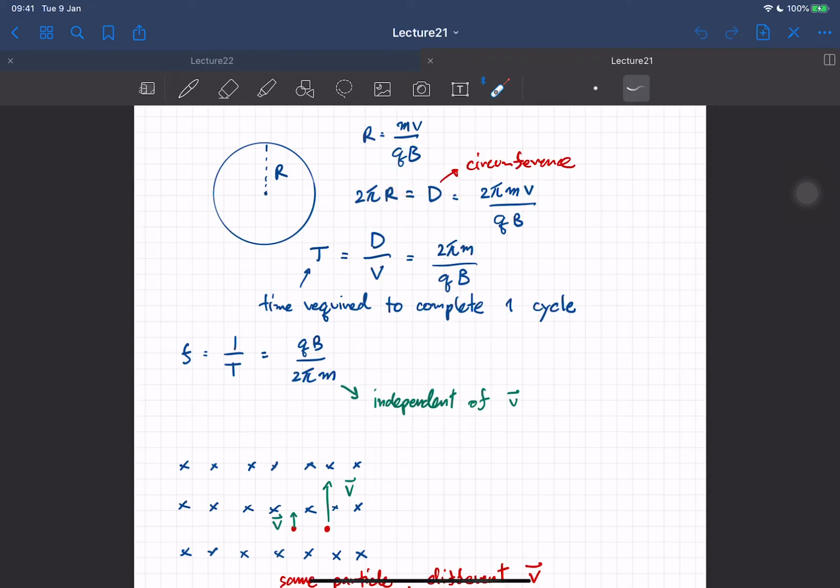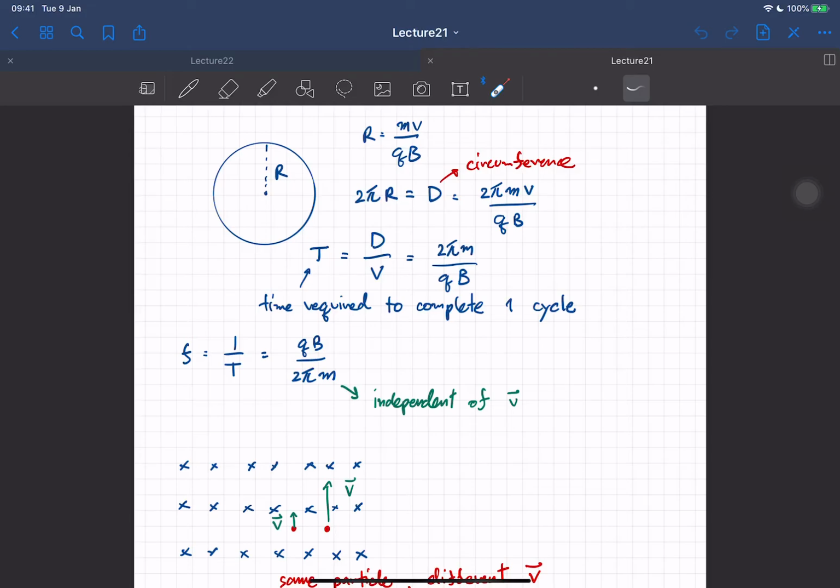We already got r from the previous page, so it's 2 pi mv divided by qB. The time is just distance divided by how fast it's moving, which is v. You're going to see that v cancels out, so the period is 2 pi m over qB.